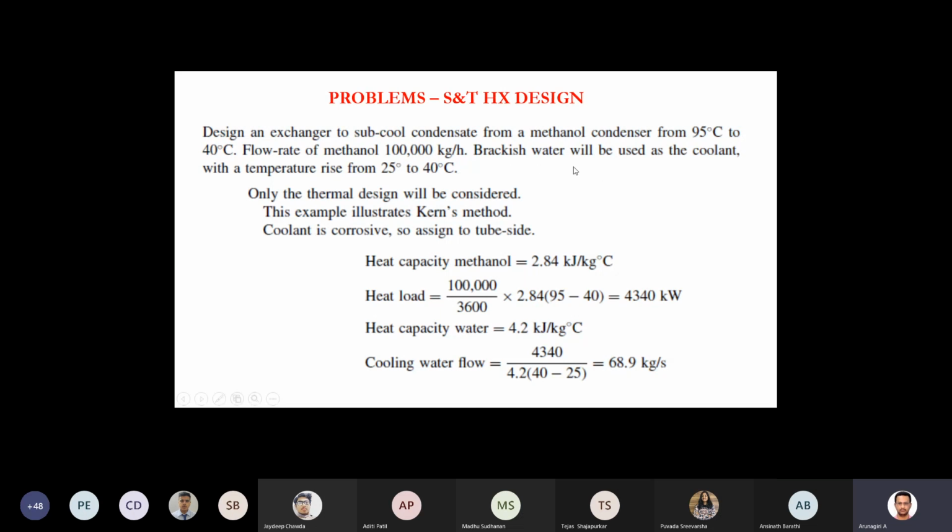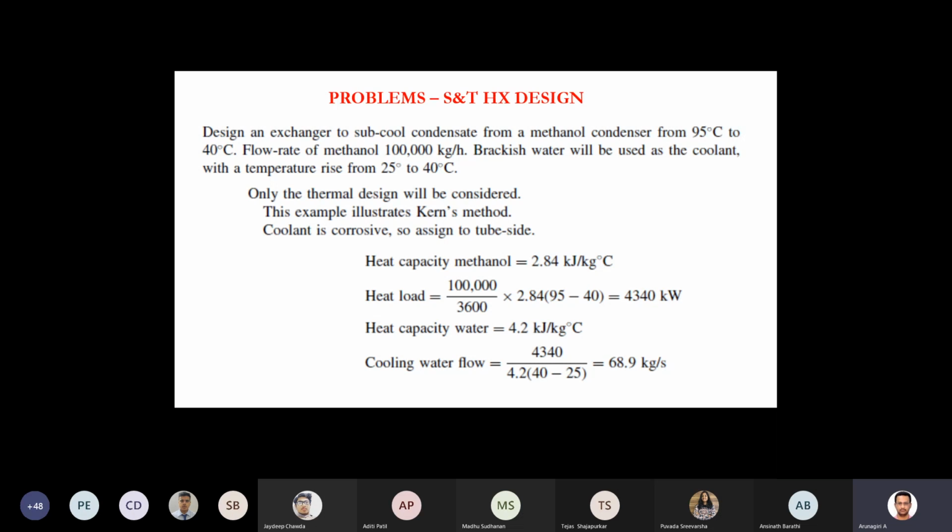So the given data are the mass flow rate, inlet temperature and outlet temperature of the condensate, and what the cooling medium is. The coolant and its temperature conditions are also given. Here we have to do the thermal design of the exchanger.